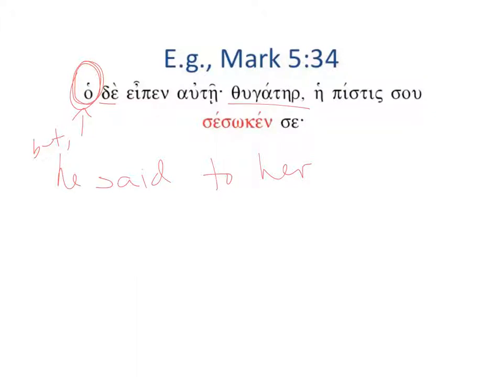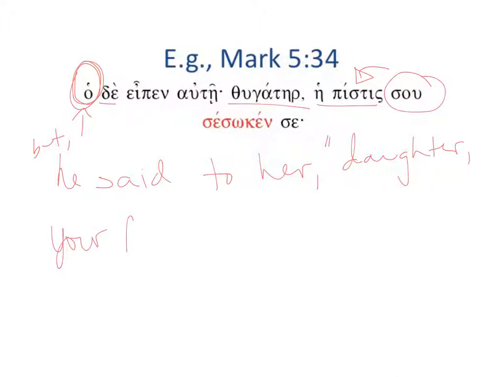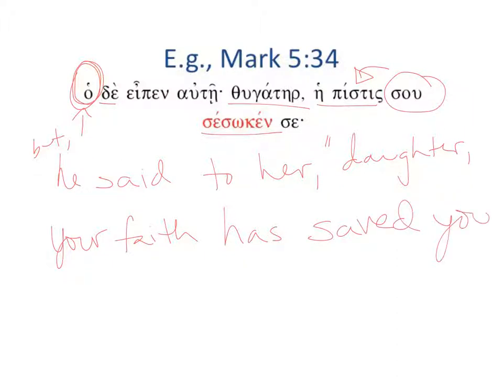That is in the vocative, daughter, he pistis. So this is your nominative. Obviously, it is the subject of the verb. Su is modifying pistis. Your faith, sesoken, has saved you.